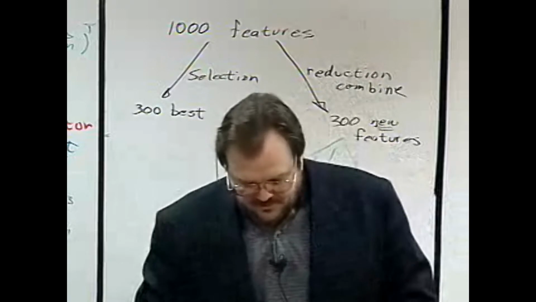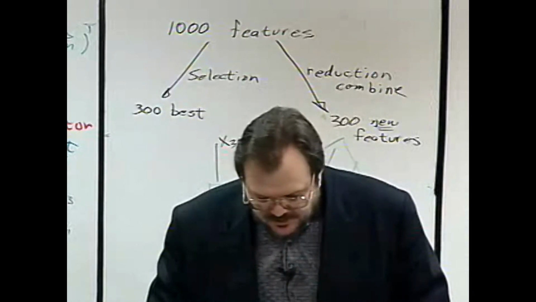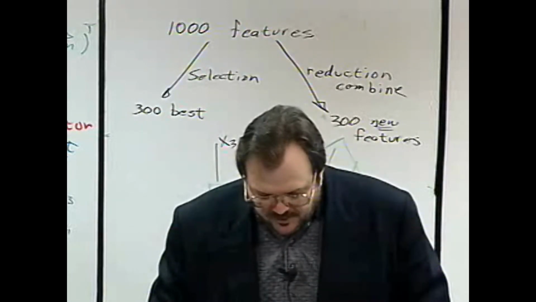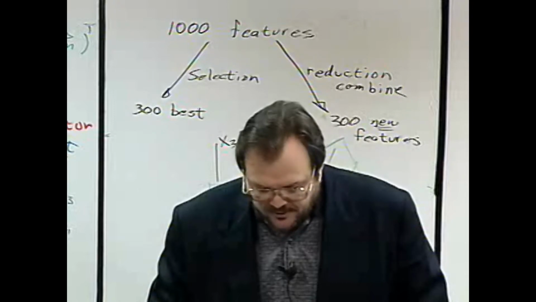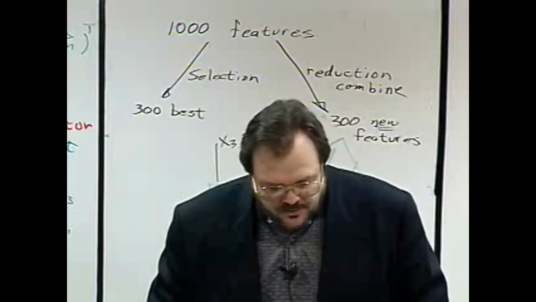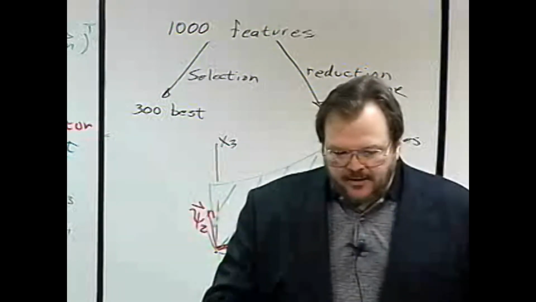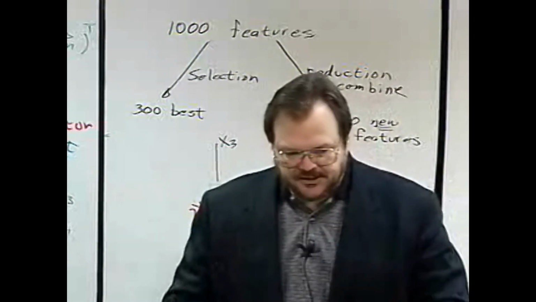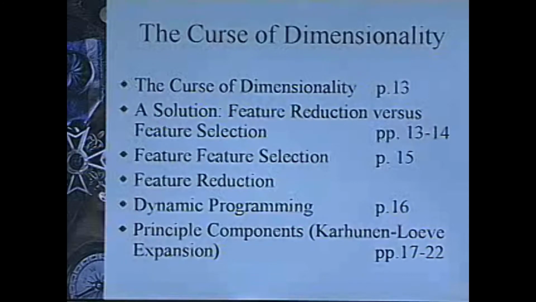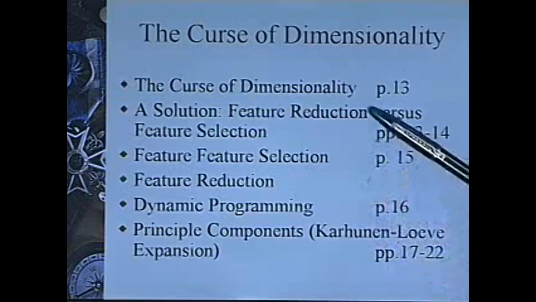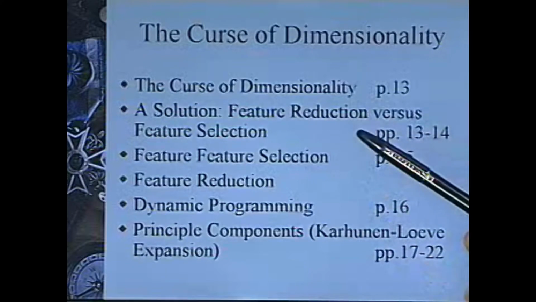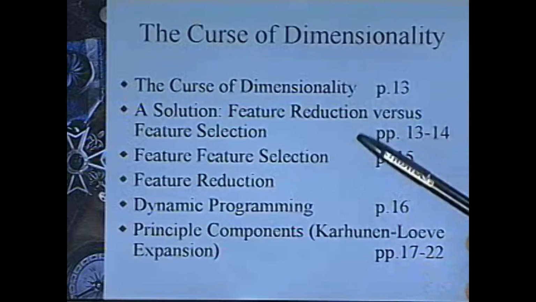Okay. Let's see what else good stuff we have here for us, with the Fisher discriminant. Okay, so I guess we have touched all of these things which are pre-neural network classifier sort of things. We've touched on the curse of dimensionality, feature reduction versus feature selection, the difference between them.